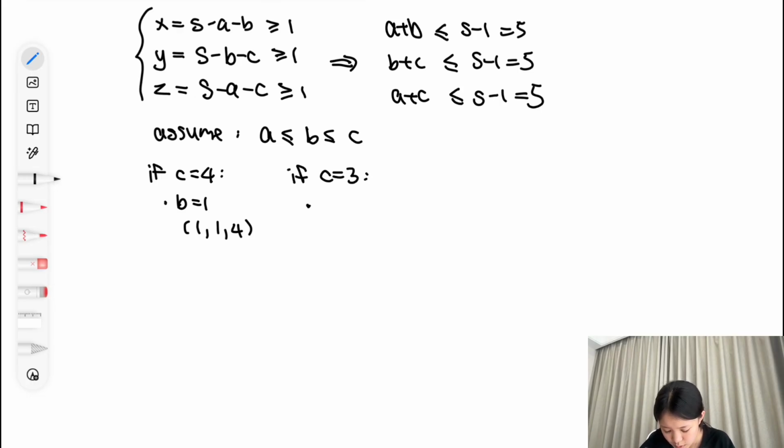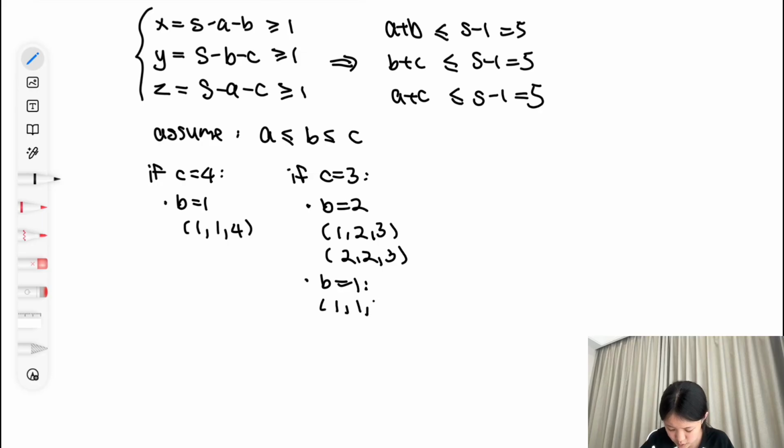Because if C equals 3, if B equals 2, we get 1, 2, 3, and then 2, 2, 3. If B equals 1, we get 1, 1, 3 as our only answer.